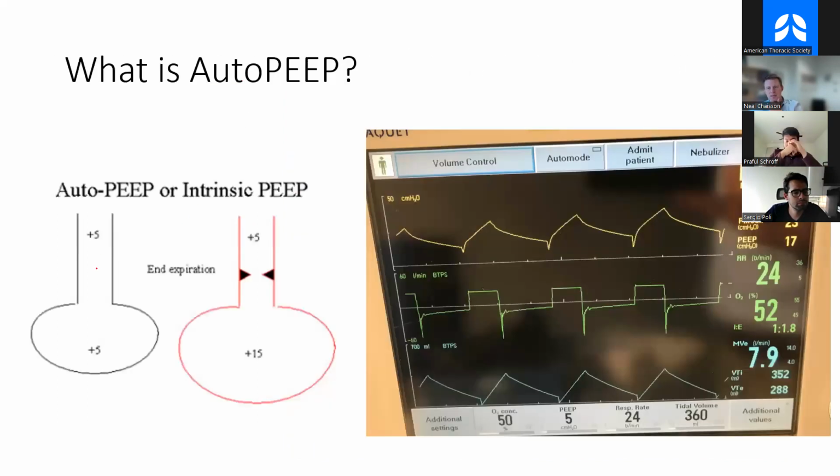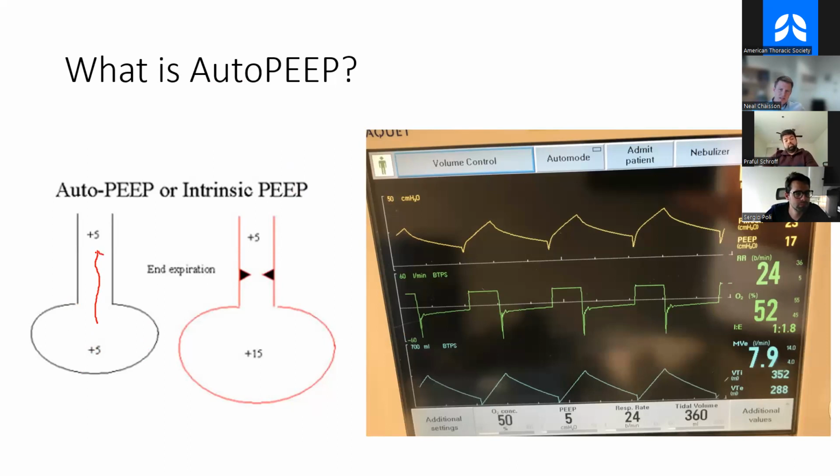And auto-PEEP is important to recognize because if you think about a normal person, as you breathe out, when you fully inspire, the pressure in your lungs is higher than the pressure at the interface between your mouth and the atmosphere.